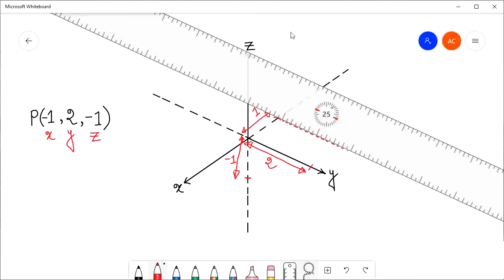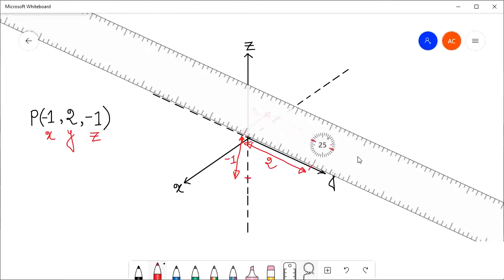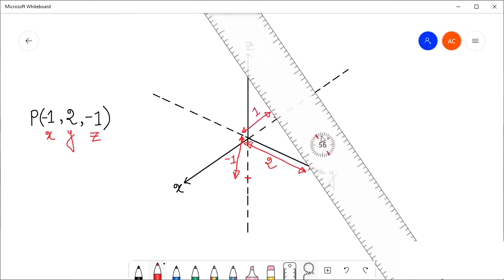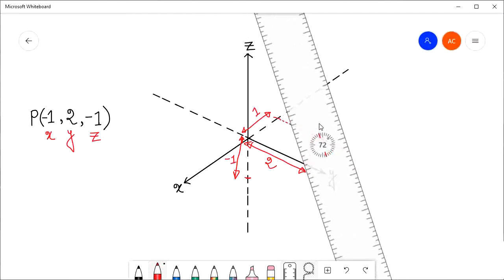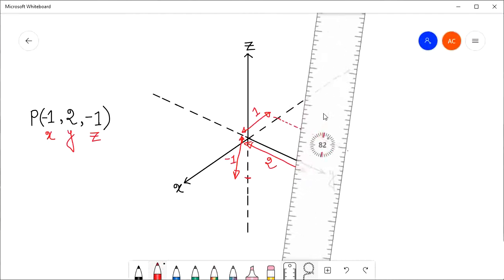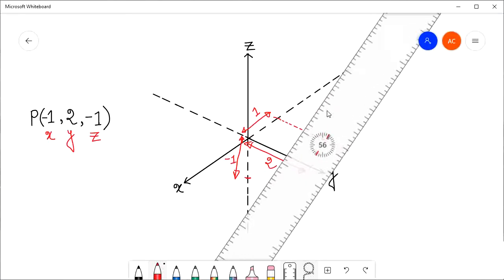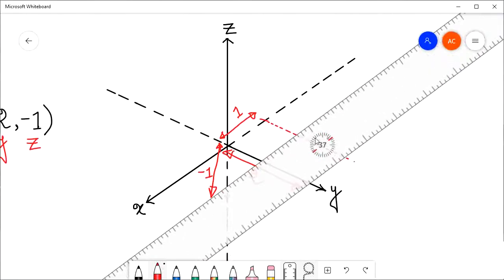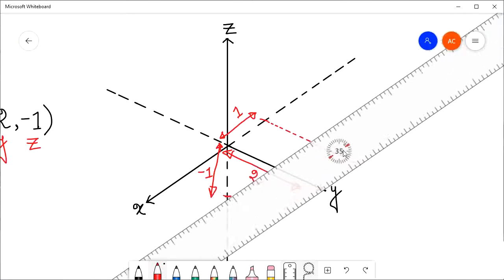Now let's draw a line that will be parallel to x-axis by keeping our ruler here. So we have to rotate our ruler to make it parallel to x-axis. I think it is parallel, right?